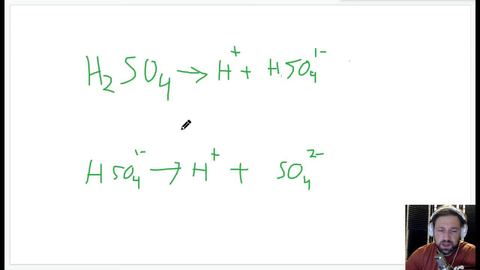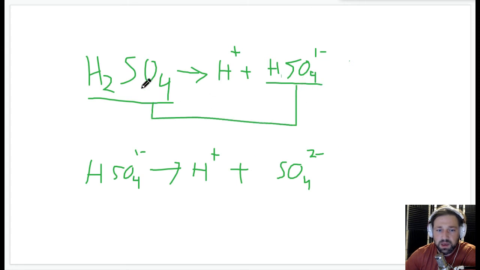Here's the thing. This is going to be the acid. It has the ability to lose a proton. Once it has lost the proton, this is going to be the conjugate base. So this is the acid, and this is the conjugate base.